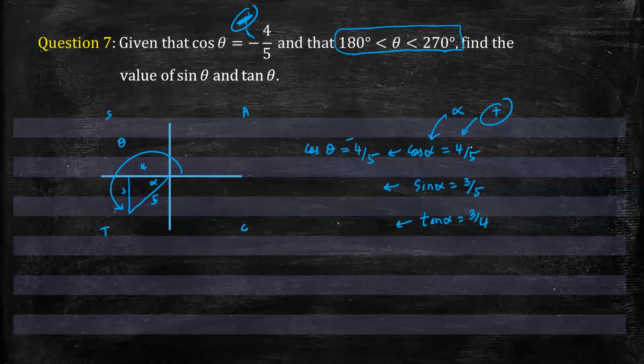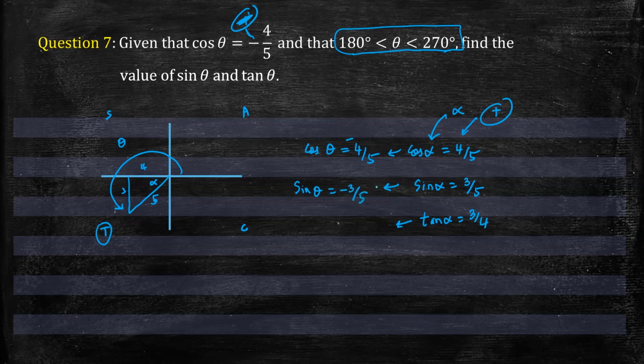So if cos alpha is 4/5, then cos theta was negative 4/5 because cos here is negative in this quadrant. What about sine theta? Sine here is also negative. So this would have to be negative 3/5. But tan in this quadrant is positive. Therefore, tan theta would be equal to 3 on 4.